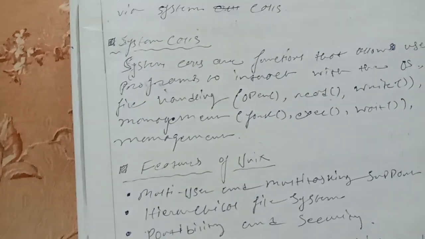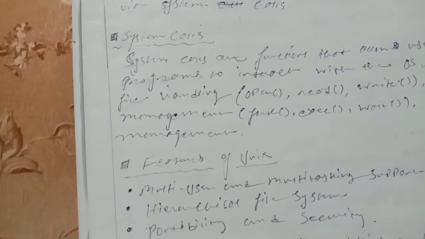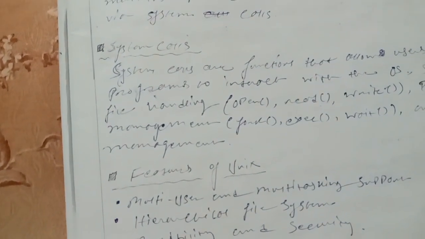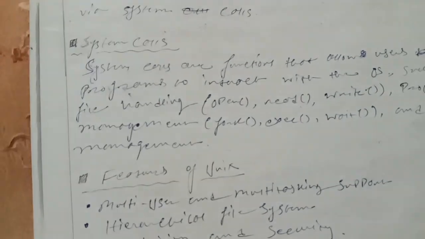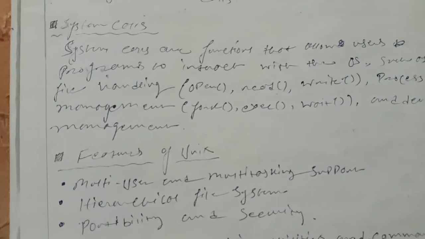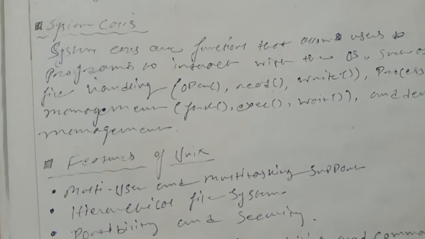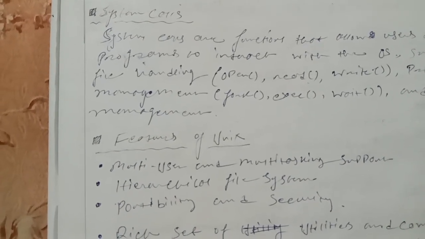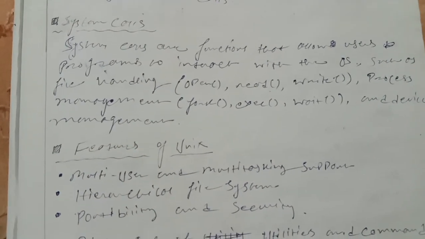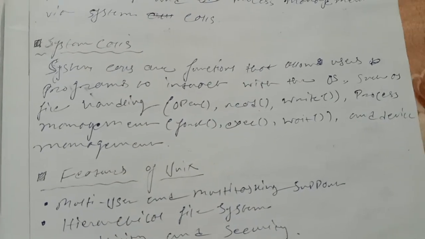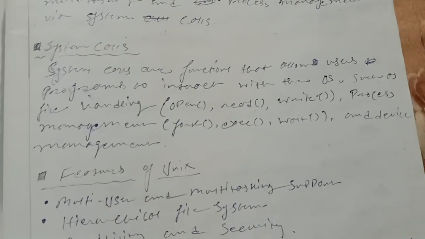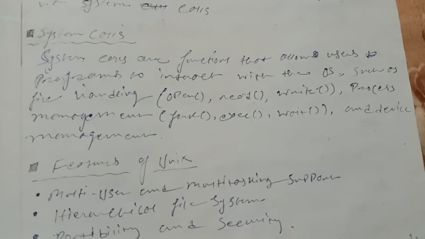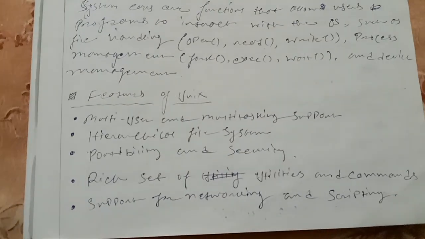So system calls are functions that allow user programs to interact with the OS, like file handling, process management, and device management. What comes under file handling: open, read, or write. Process management functions: fork, wait, and exec. And device management.